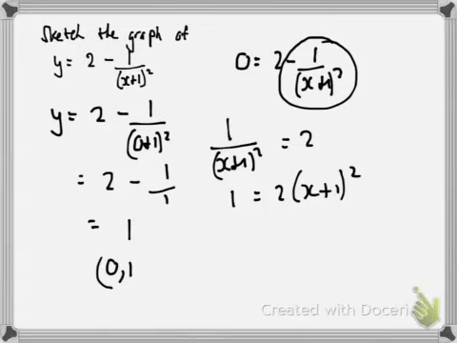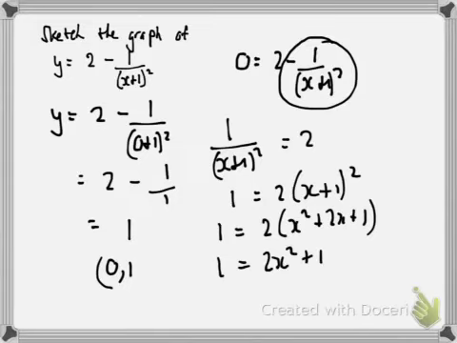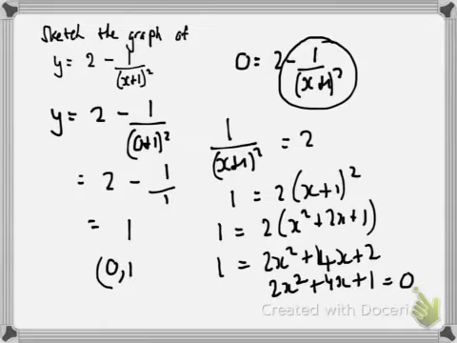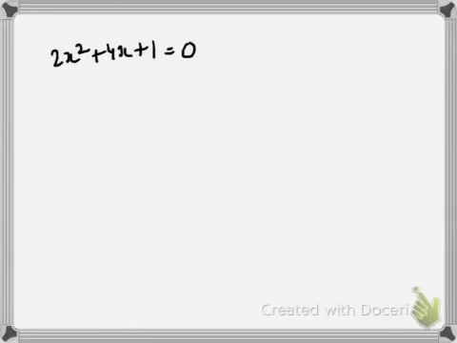Now if we remove the brackets, 1 equals 2x squared plus 4x plus 2. So we get 2x squared plus 4x plus 1 equaling 0.